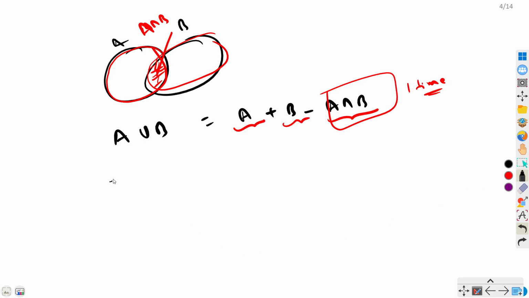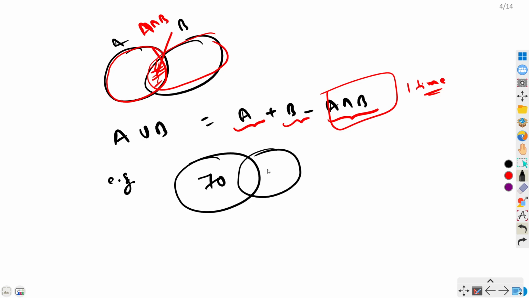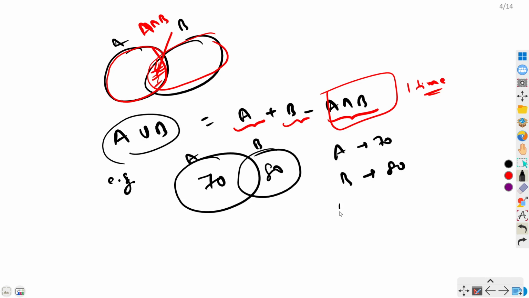For example, let's say there are 70 people in set A and 80 people in set B. A is 70, B is 80. Let's say we know A union B, the total persons, is 130.